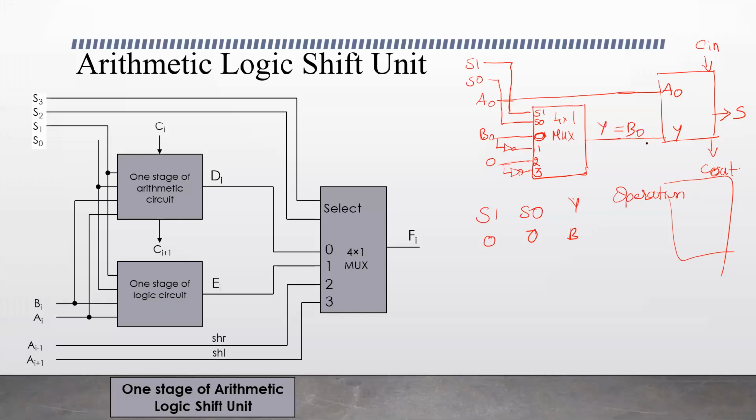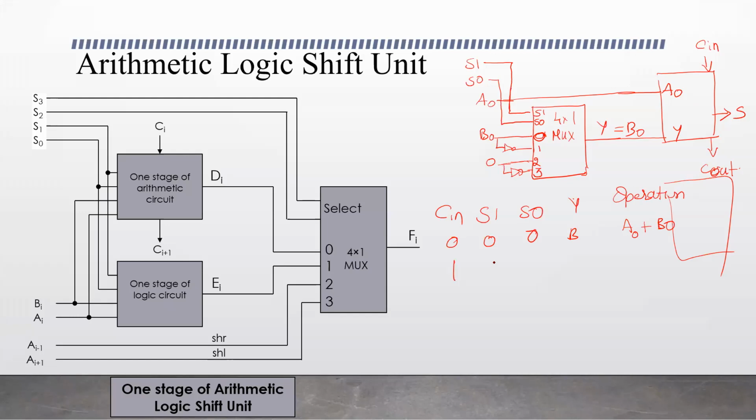The parallel adder adds A naught plus B naught, and the carry input may be 1 or 0. If we take 0, it is A naught plus B naught, because the carry input is 0.